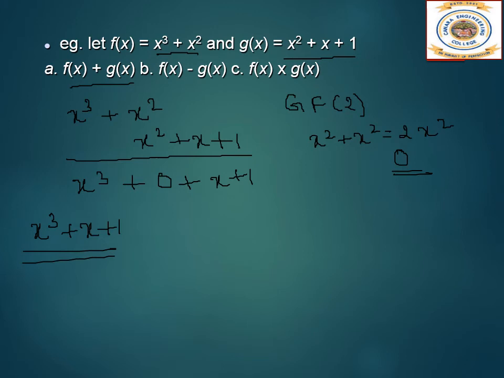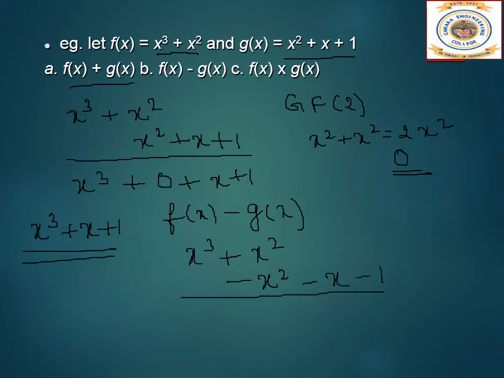Now let us see subtraction. So f(x) minus g(x): x cube plus x square. For subtraction, what do I write? I write it as minus x square minus x minus 1. So I get here x cube; this and this will get cancelled.